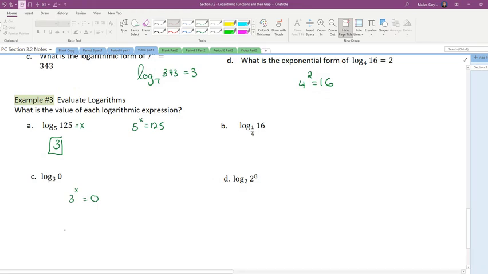If I start thinking about my graph of y equals 3 to the x, I quickly realize we have an asymptote at 0, meaning it's never equal to 0. 3 to the x cannot ever equal 0. So this one has no solution. The other kind of obvious answer is that 3 raised to a power is always going to be positive. There's no way to get it to be 0.